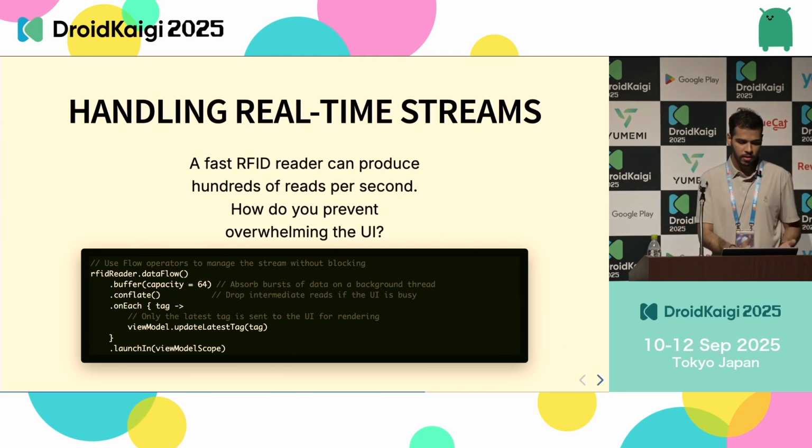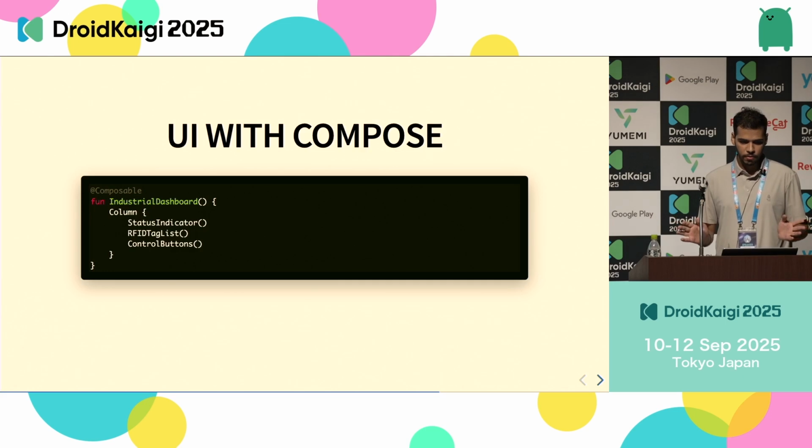We buffer the incoming data first to absorb the bursts, and then we conflate so that we only get the absolute latest tag, even if the UI is busy. The beauty is that the hardware is decoupled from the software, and I think it's good from a user experience point of view.